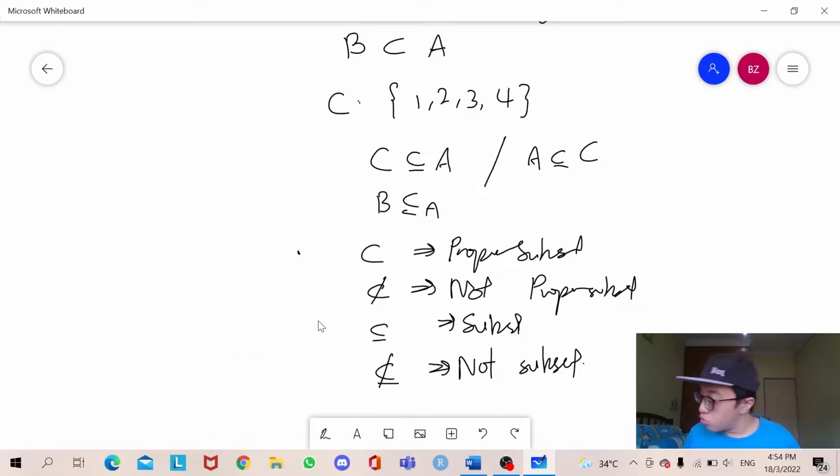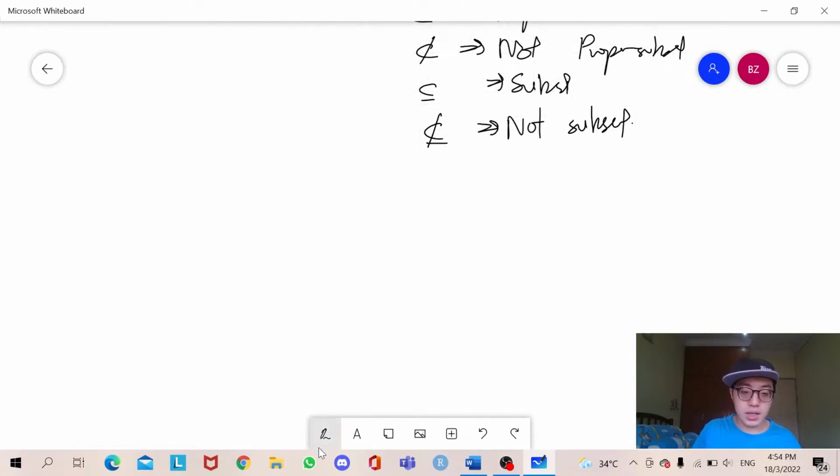And we will go to the last part of the notations for sets.